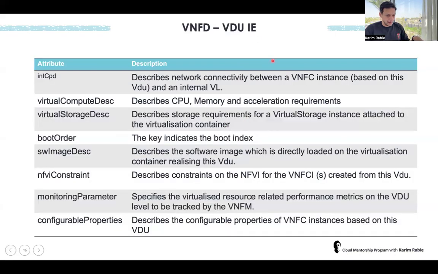This is the VDU information element, the one that you see in the VNF descriptor. You will see here the boot order and the software image description. You'll see the virtual compute description, what is CPU and memory for that specific virtual machine. You see the connection point descriptor, which, as we said, maps to the VNIC of the VMs.